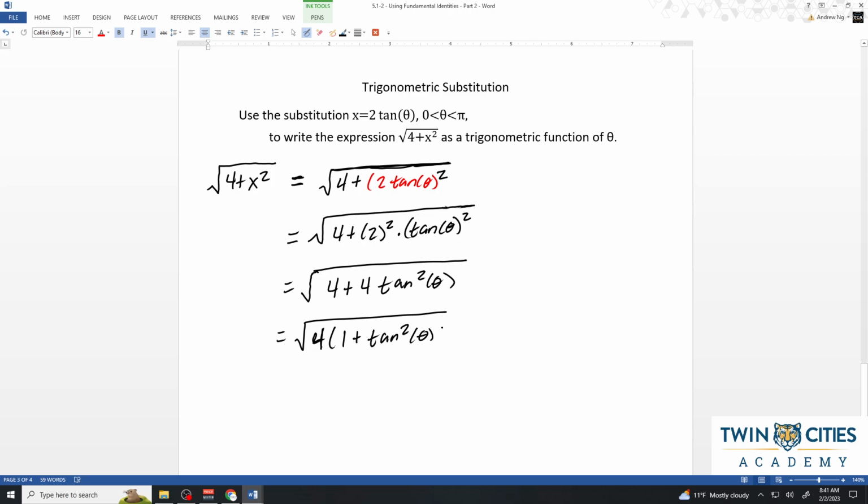All right, then I take a look at my identities again, because I've got a square here. I've got some trig function squared with a 1, so 1 plus tangent squared. Looking at my Pythagorean identities, I've got a different Pythagorean identity that I could use here. 1 plus tangent squared of theta is the same as secant squared. So this is the square root of 4 times secant squared of theta.